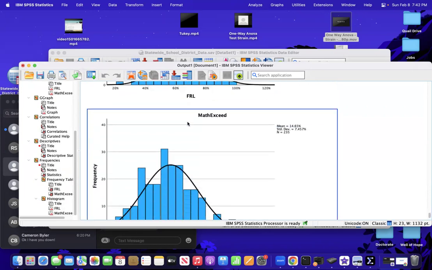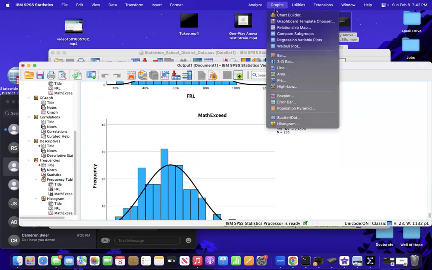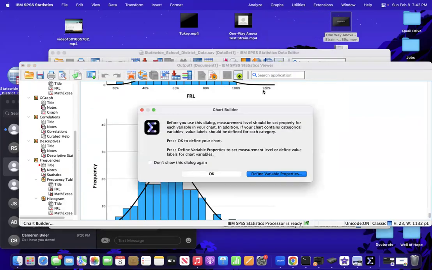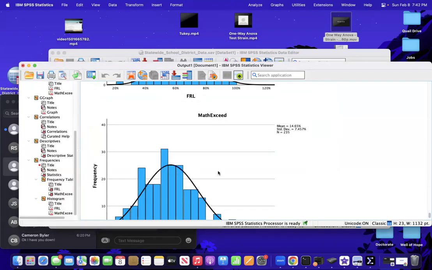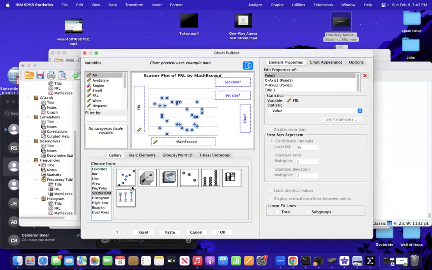charts. And so the next thing we're going to do is go up to Graphs, Chart Builder. We're going to click OK. And then we're going to select our linear chart right here and drag it up.